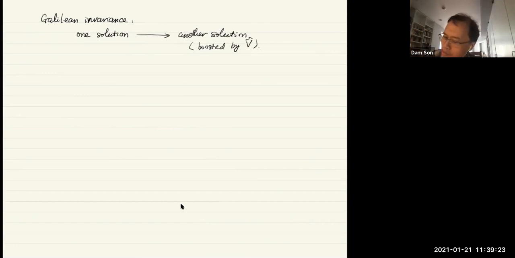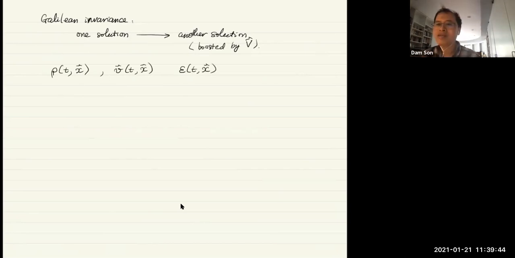Suppose I have a solution characterized by some density rho(t, x), some velocity v(t, x), and then some energy density epsilon(t, x). This is small epsilon, that means energy in the rest frame.